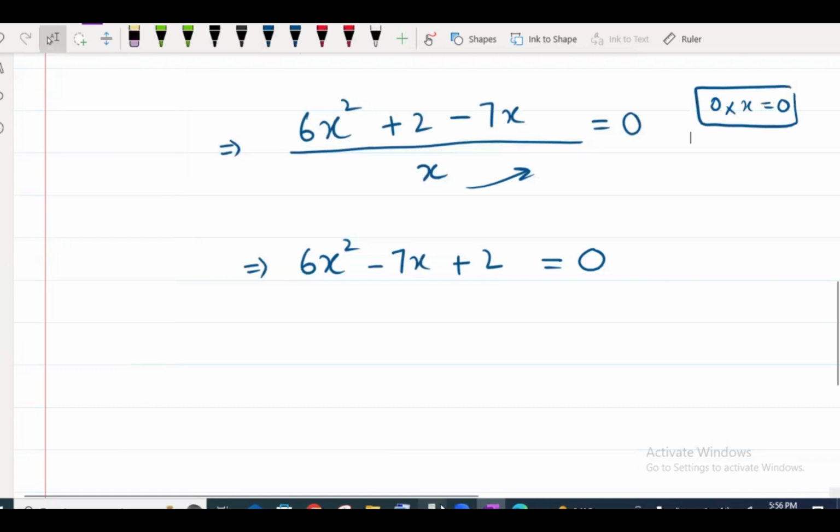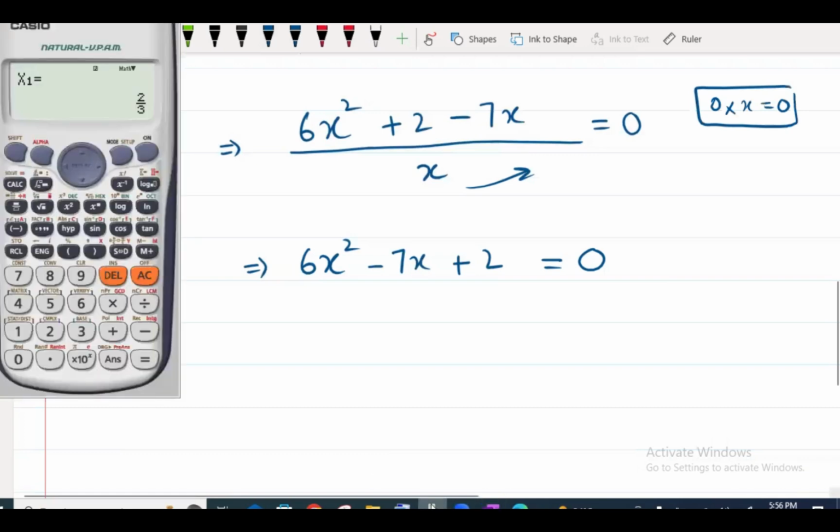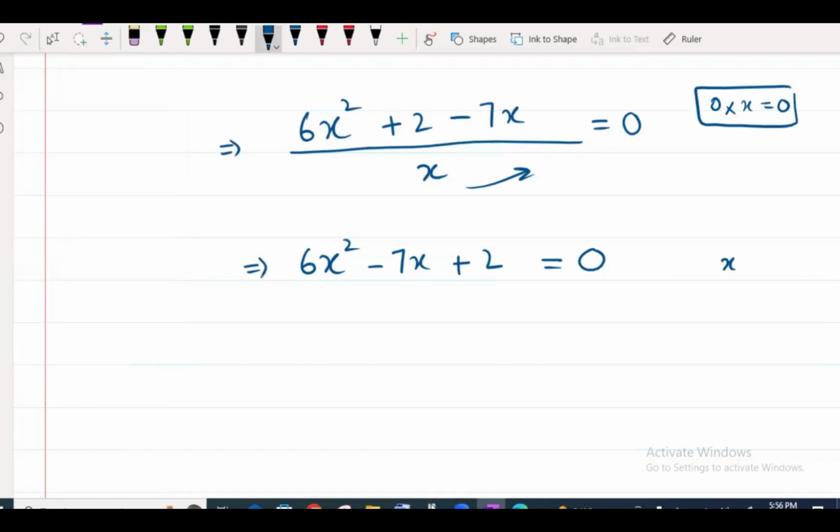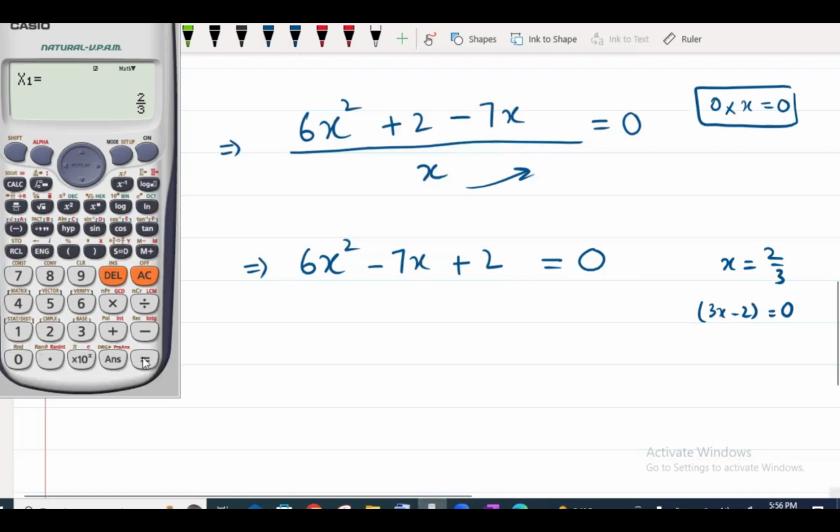Okay. Now we get two values, which is x equals to 2 upon 3. And so you have to write 3x minus 2 equal to 0 because you have to show the bracket in the exam if you are using a calculator.